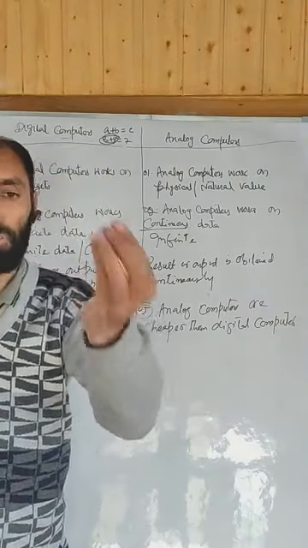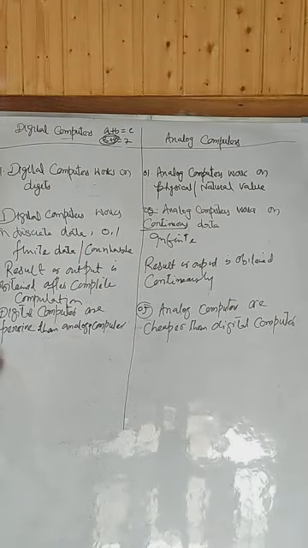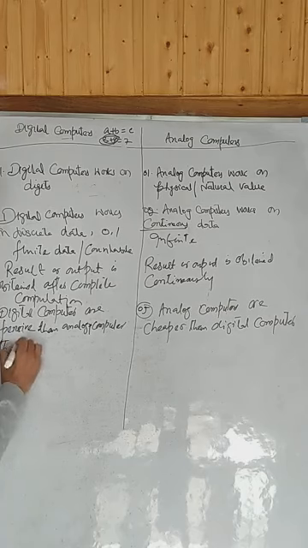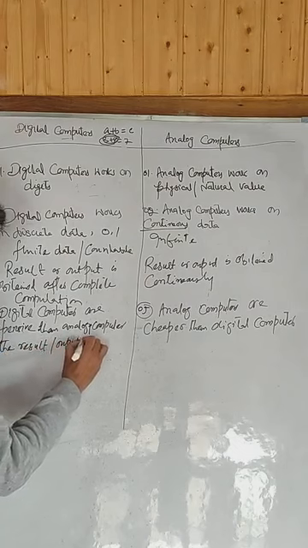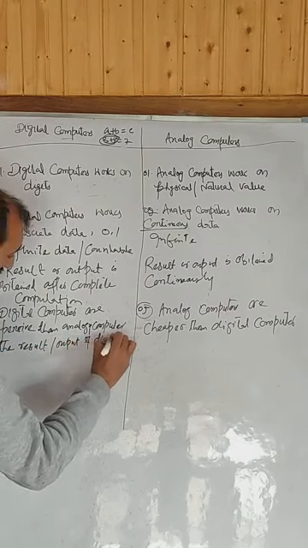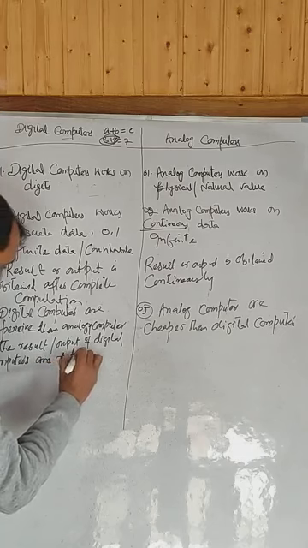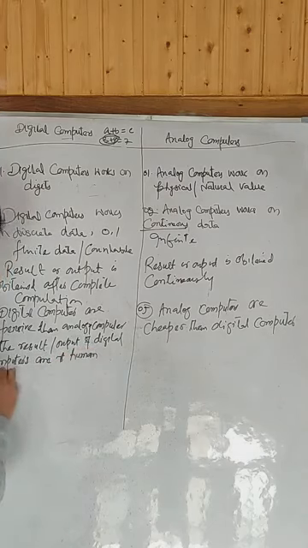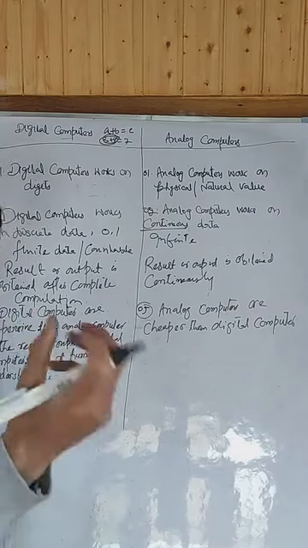The result or output of digital computers is human understandable, that means it can be easily understood by the layman, by humans.